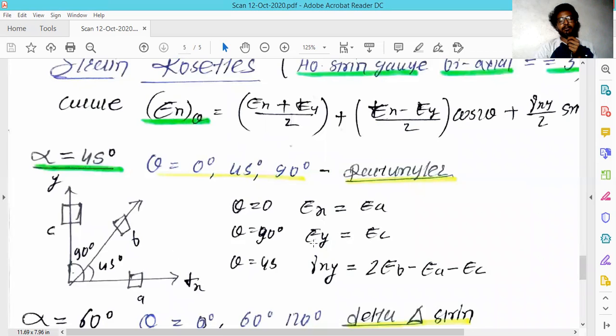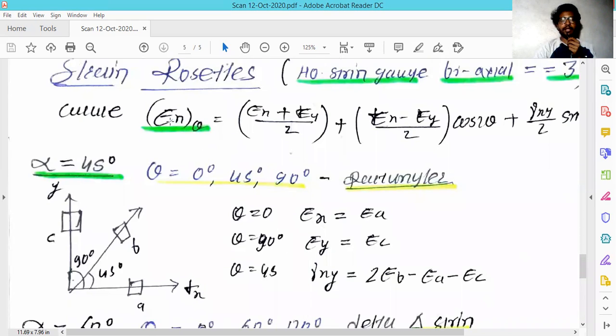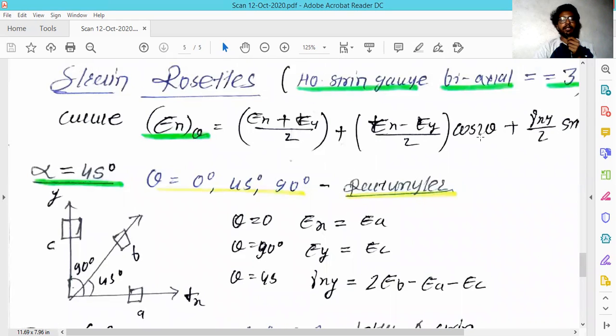And if you want to find out for the y direction, the angle will become 90 degrees. So in 90 degrees, if you put the angle 90, the multiplication of 2 theta becomes 180, cos 180 is equal to minus 1, and sin 180 will become 0.